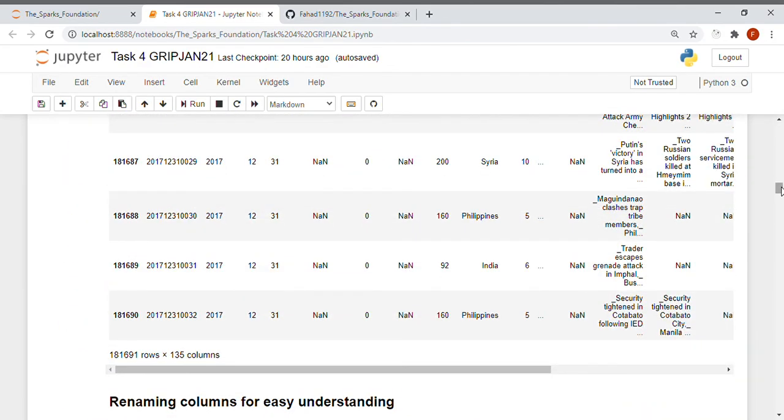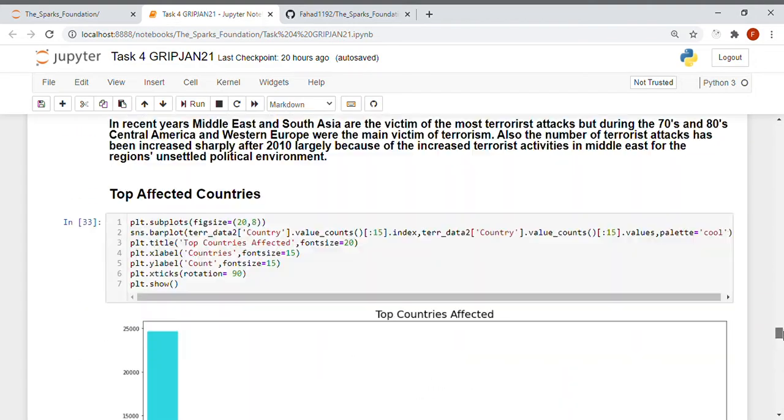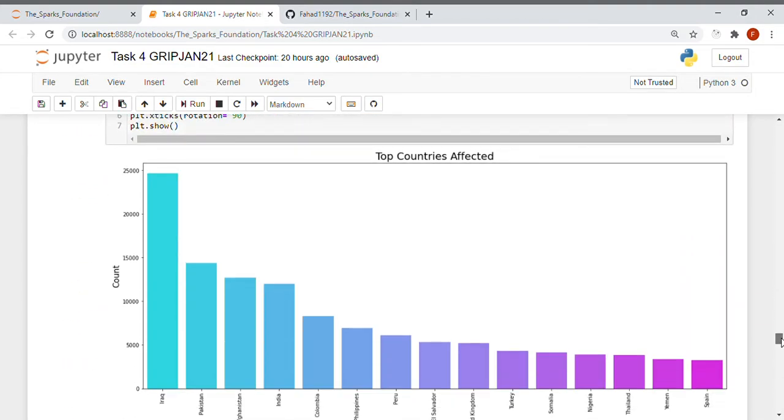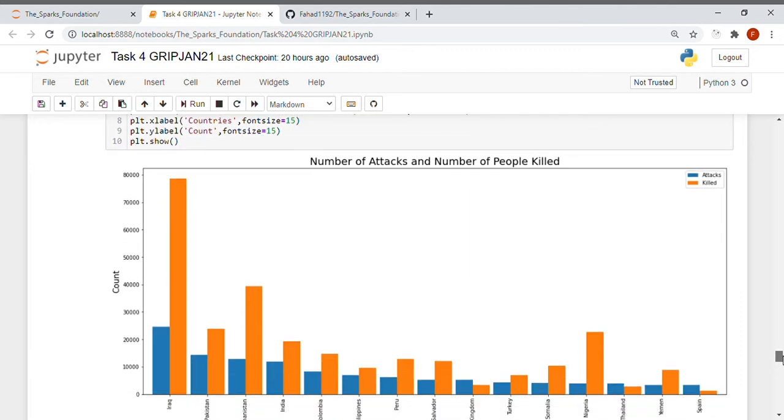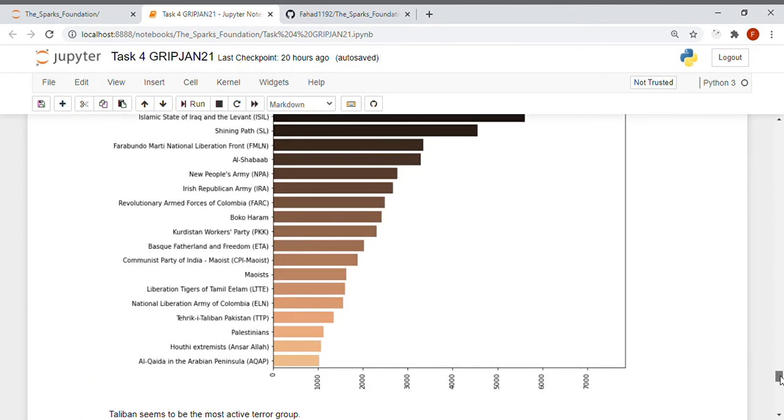Irish Republican Army, I think this is the group because of which Northern Ireland is one of the hottest spots of global terrorism. Boko Haram from Nigeria.